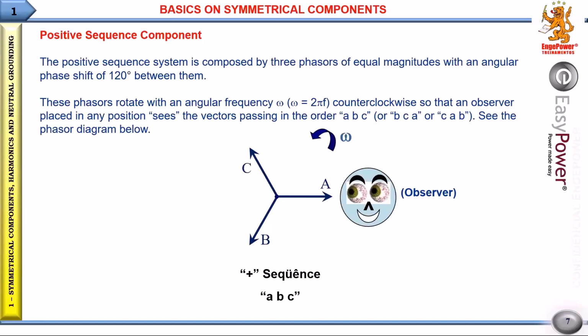Is composed by 3 phasors of equal magnitudes with an angular phase shift of 120 degrees between them. So, symmetrical balanced system means same magnitude in all phases and same phase shift angle between phases for voltage and current. Thus, the phasors are represented just as shown in the slide.